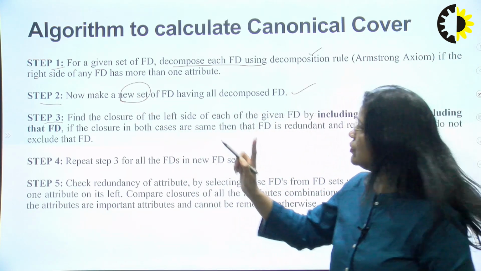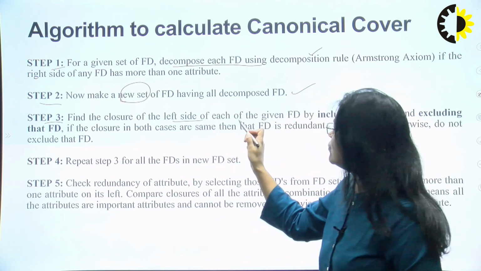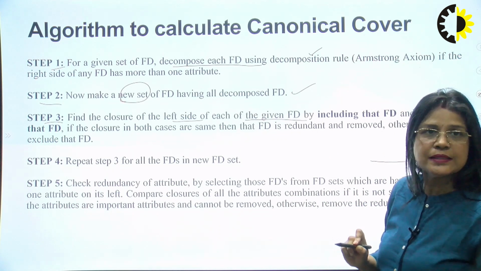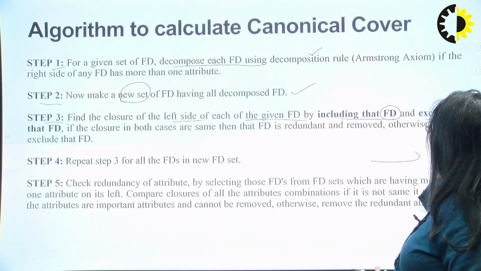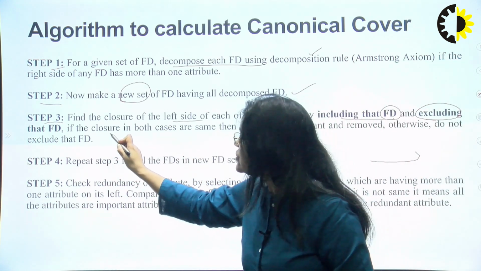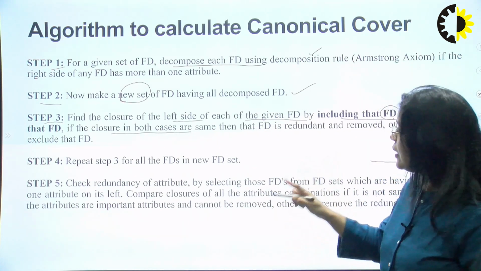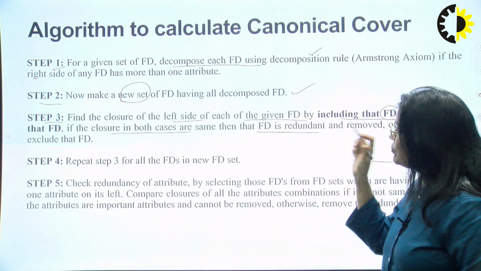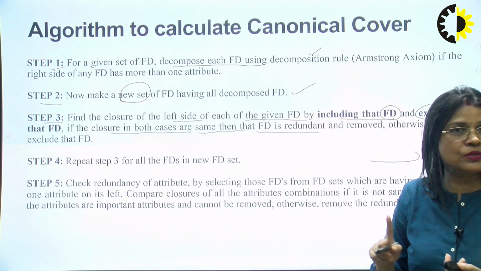In the third step, after making this new set, we need to find the closure of the left side of each functional dependency by including that functional dependency and then excluding it. We check if in both cases we find the same attribute closure.